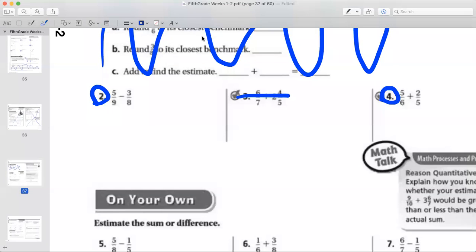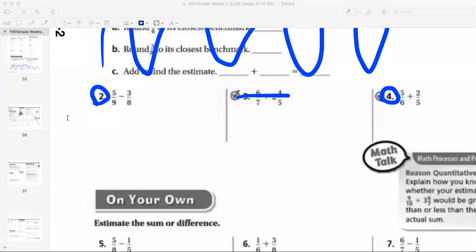Okay, so for this, I'm going to type in our multiples. So we have 9 and 8.